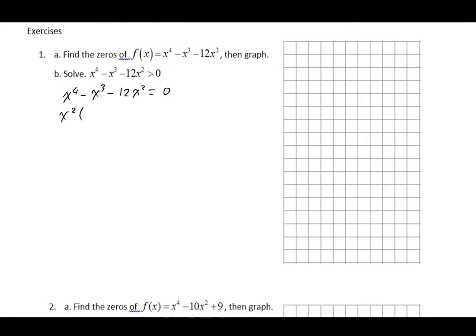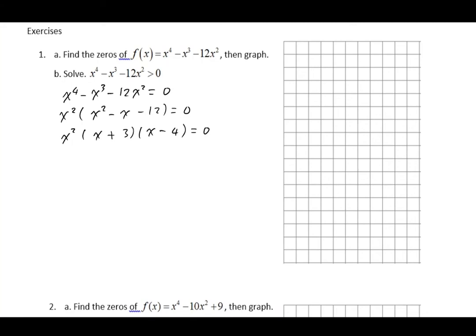Then we have x squared minus x minus 12 left. This part factors inside, so we have x squared, and we have 3 and 4. Once again, we'll write both of them as negative and decide which needs to be positive. Sure, looks like this is negative, so this needs to be positive.